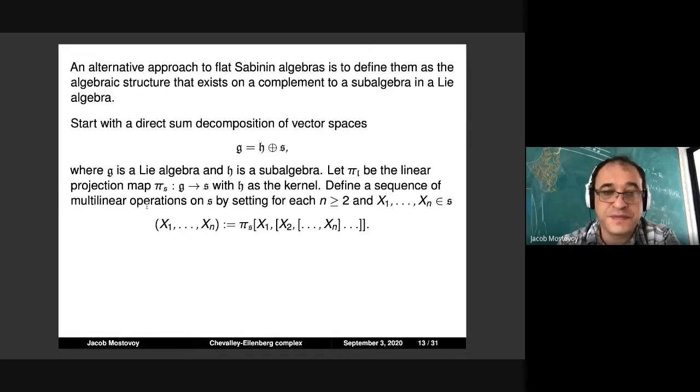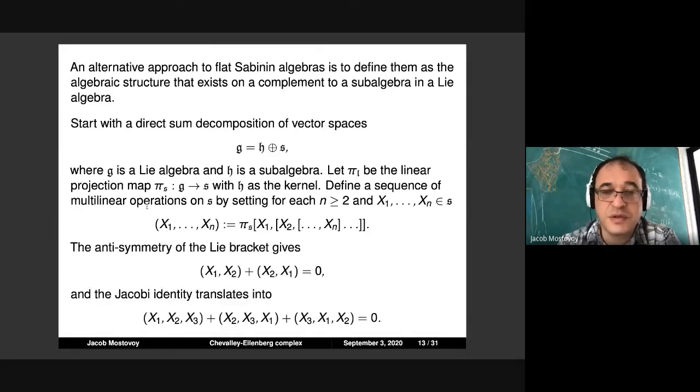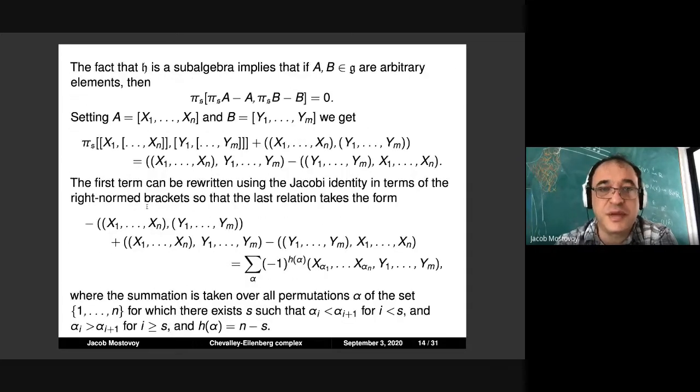And so if we define these operations, these parenthesis operations, as projections of commutators, then the antisymmetry of the Lie bracket and the Jacobi identity translate into these two identities. But then there is another identity, the more interesting identity, coming from the fact that H is a subalgebra.